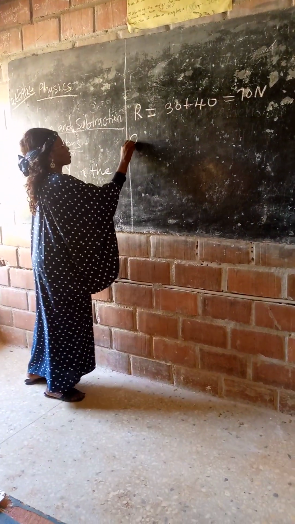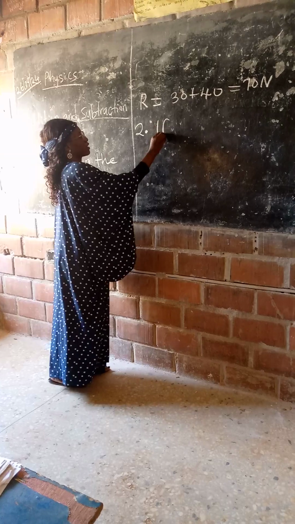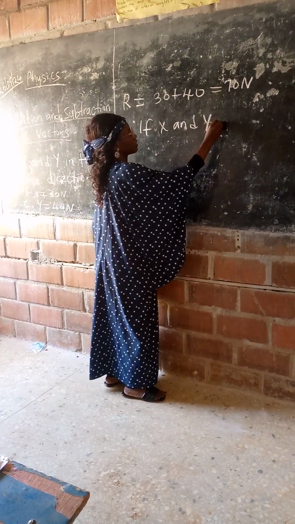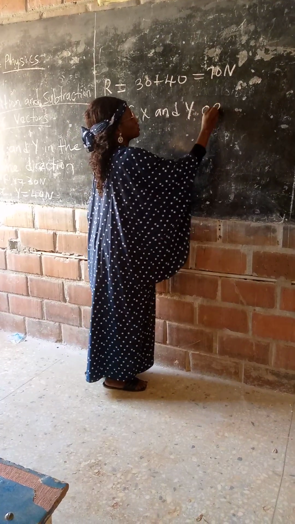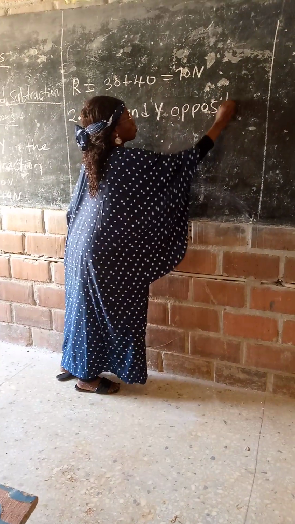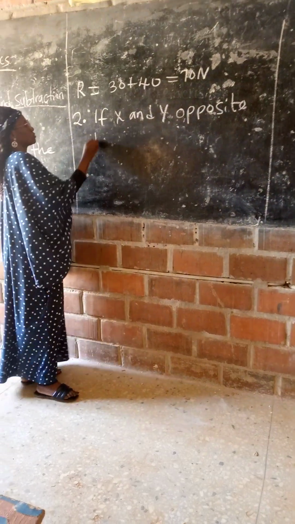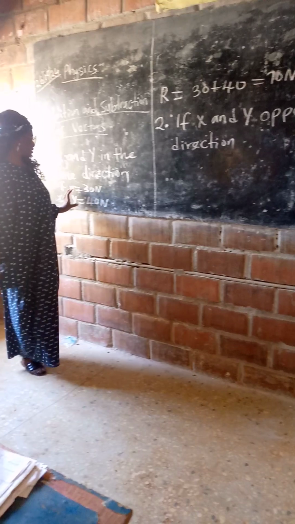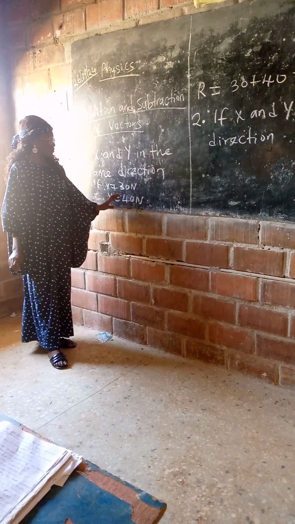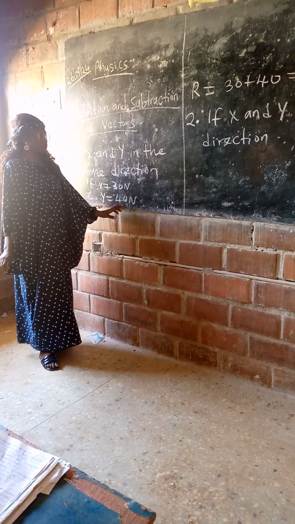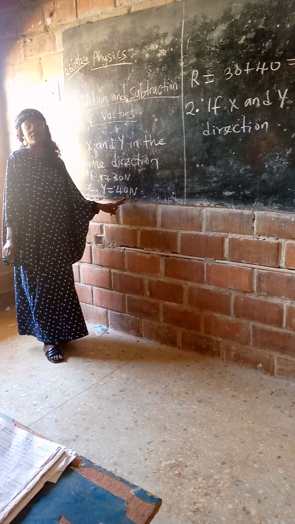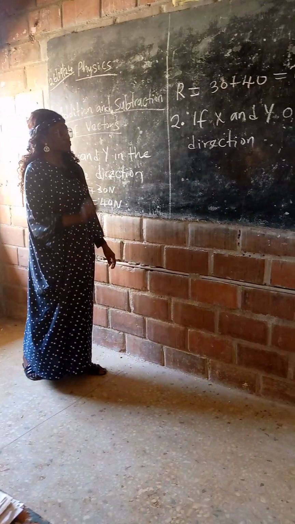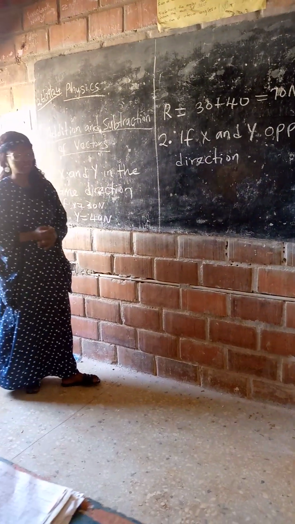Rule 2. If x and y are moving in the opposite direction, the direction is opposite this time around. Using this same case study, if x is equal to 30 and y is equal to 40, this time around we are not finding the sum, it's going to be subtraction, because it's in the opposite direction.